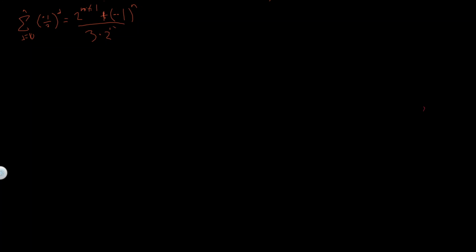So we're going to start with our basis step. Our basis step says that we will plug in the first value, which in this case is 0, and by doing so on the left, we're saying negative 1 over 2 to the 0, which happens to equal 1. We're saying, does that equal 2 to the 0 plus 1 plus negative 1 to the 0 divided by 3 times 2 to the 0?